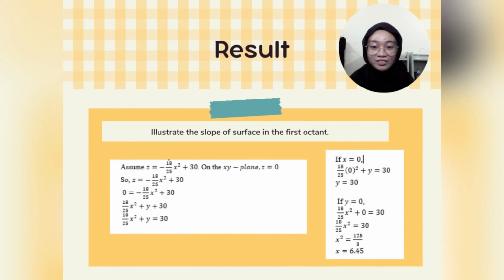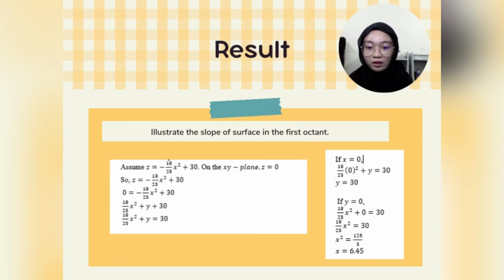So let's see the result. We illustrate the slope of the surface in the first octant. Assume z equals negative 18 over 25 x squared plus 30. On the xy plane, z is equal to 0, so we substitute z equals 0 into the equation.